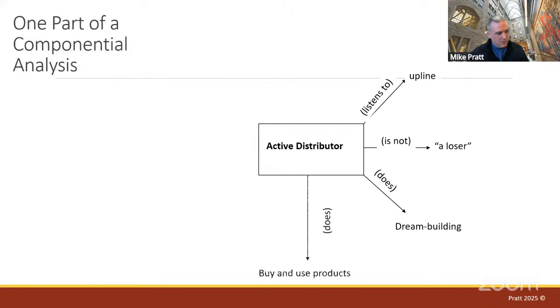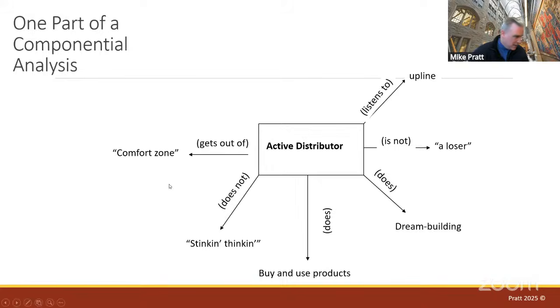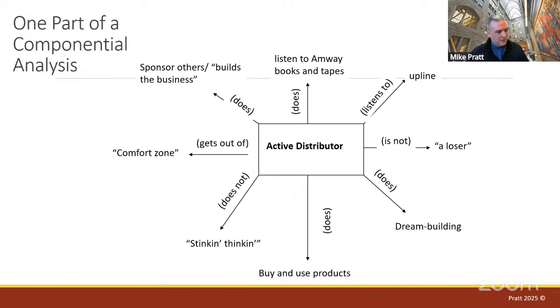They engage in dream building. They buy and use products. They don't engage in stinking thinking or negative thoughts. They get out of their comfort zone. They buy and they sponsor other people into it. They listen to Amway books and tapes. So now I have some idea of what an active distributor does.